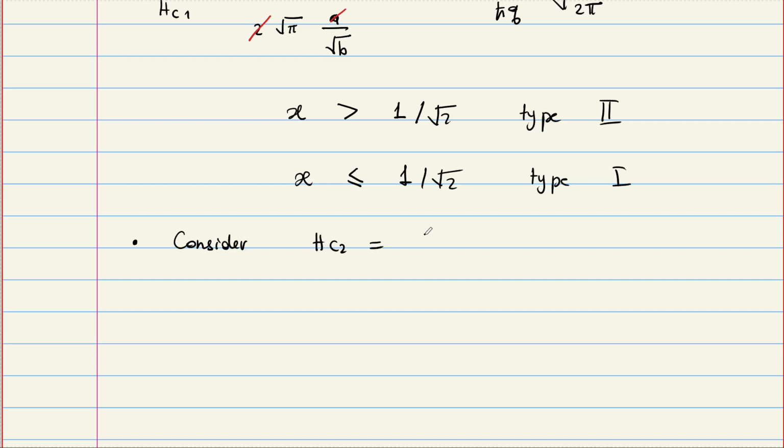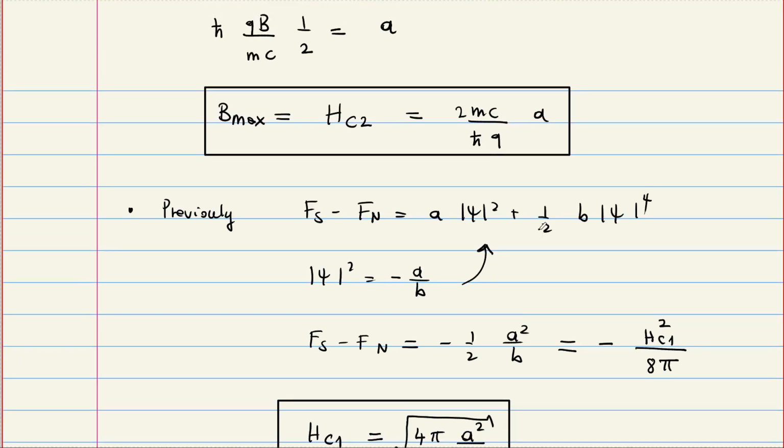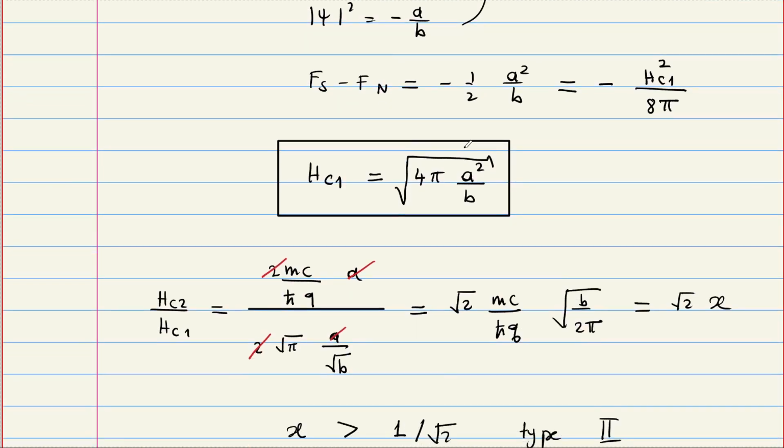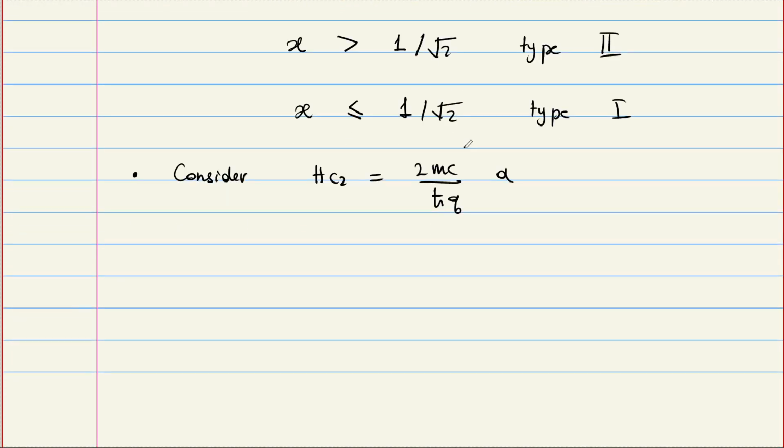Hc2 is equal to 2mc divided by h bar q times A. I just copied this thing exactly. And what I want to do is use this coherence length we found. Coherence length was h bar squared over 2mA.